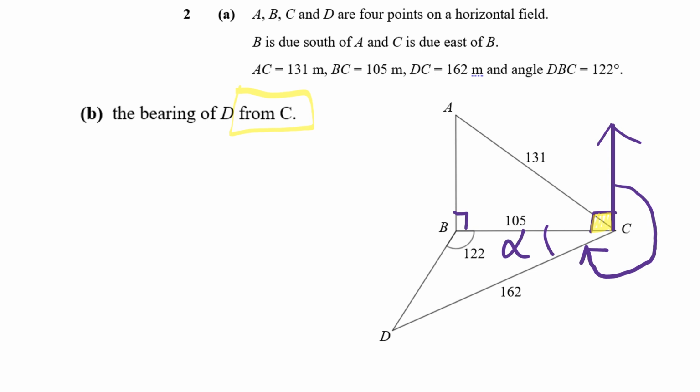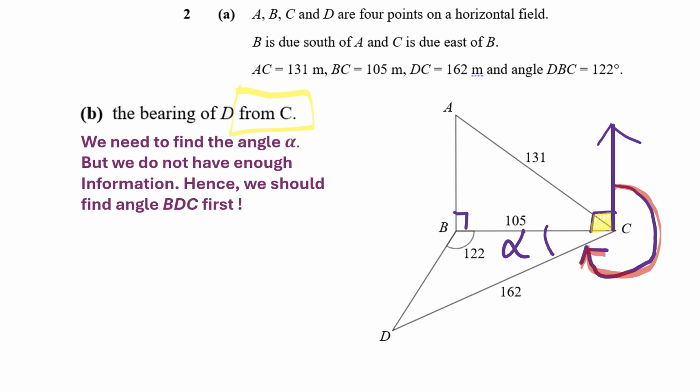Right, so before we can actually find our bearing, meaning find this angle here, we will need to find alpha first, right? However, we do not have enough information to find alpha, but we do have information to find angle BDC, meaning this angle here.